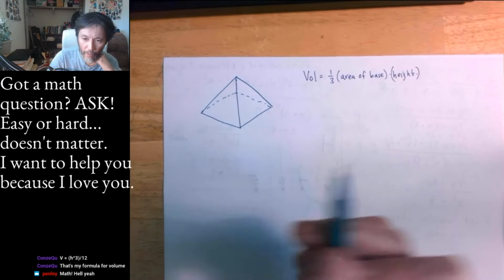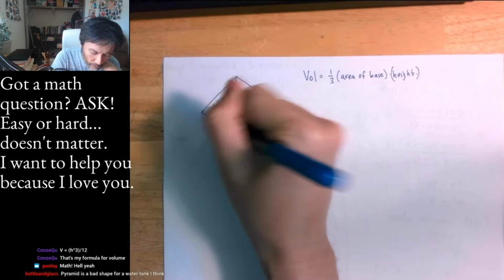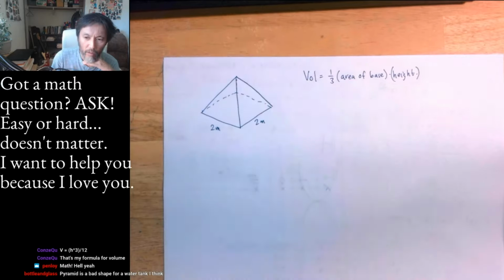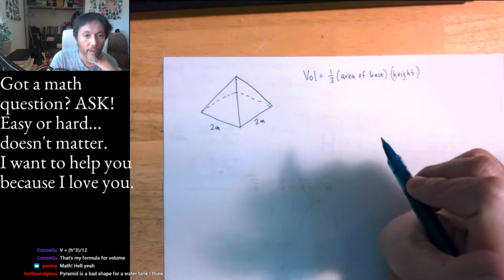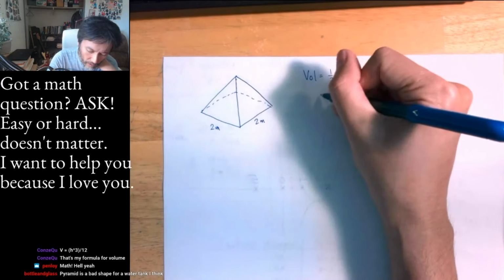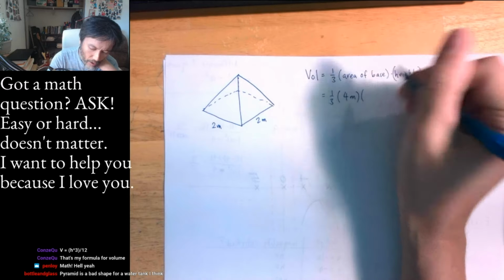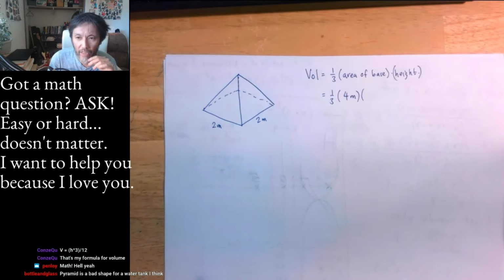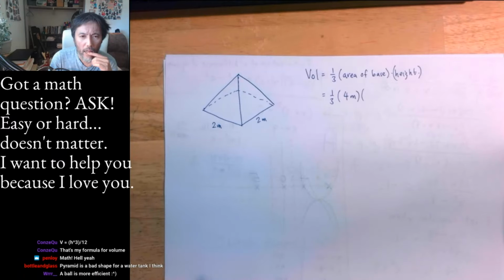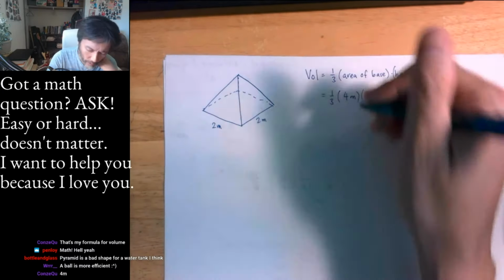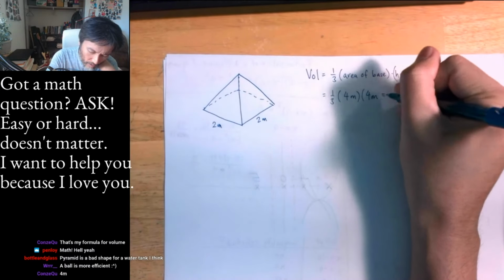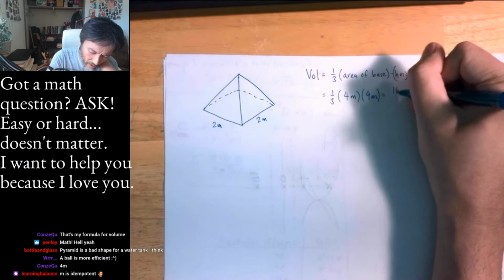And the area of the base here is what? So if this is 2 meters, the area of the base here is 4 meters. And what is the height of this guy? It's also 4 meters. Good. So I guess we get 16.